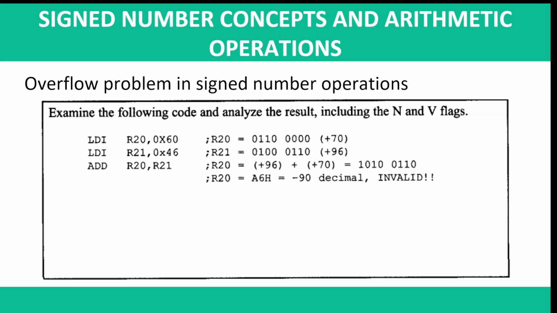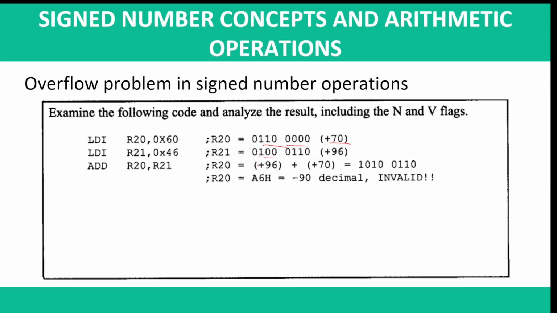First we have this 0x60 loaded to R20 and its equivalent binary is this one, 0110 0000, and its equivalent decimal number is plus 96. And we also have 0x46 loaded to R21 and this is its binary format, or meaning plus 70.